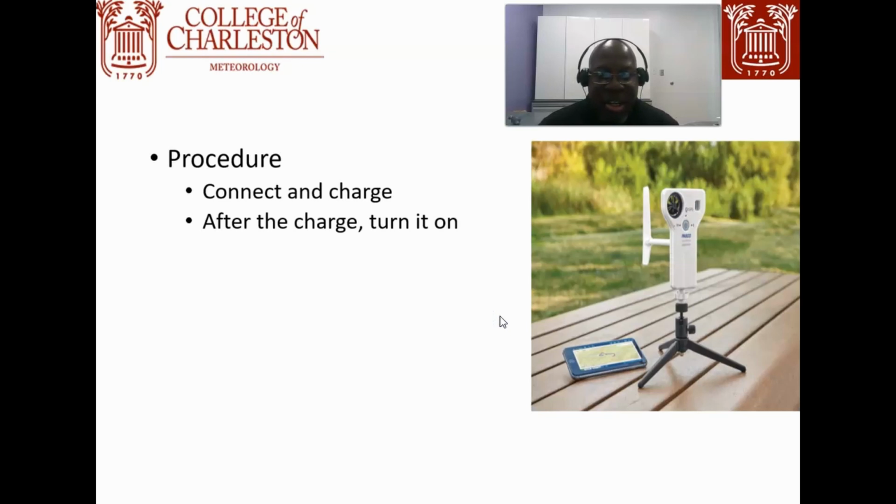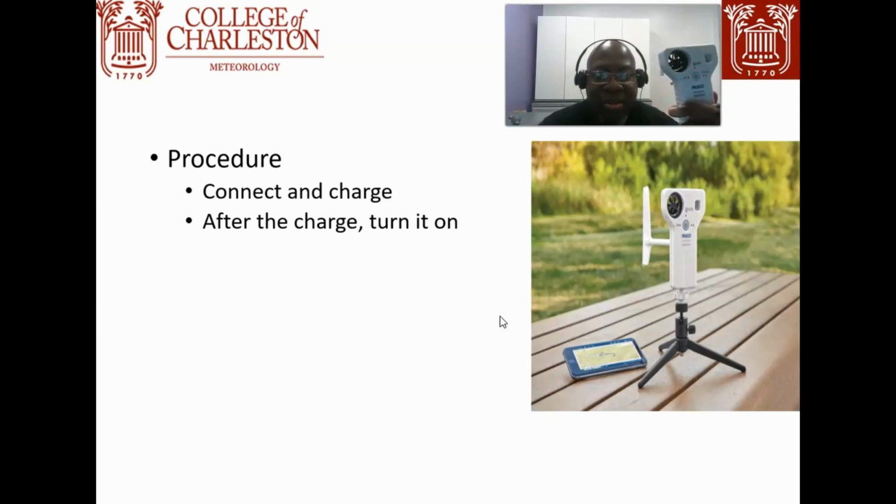As you see, there's a button right in the center right here, and you're meant to turn that on. When you turn it on, what you will notice is that the GPS light and the Bluetooth light come on, and they will flash back and forth, like so.